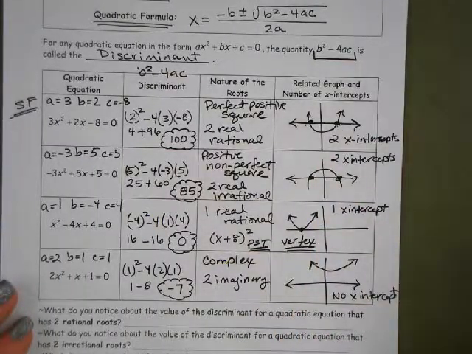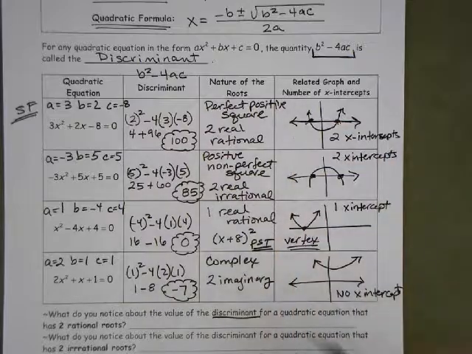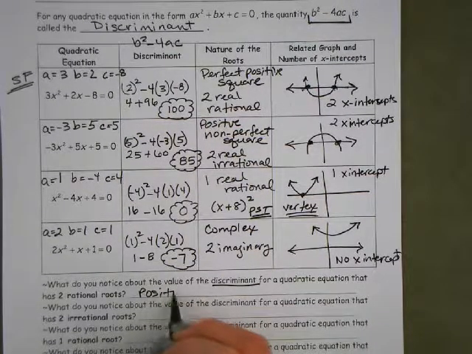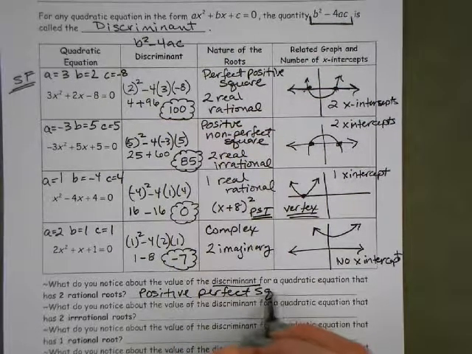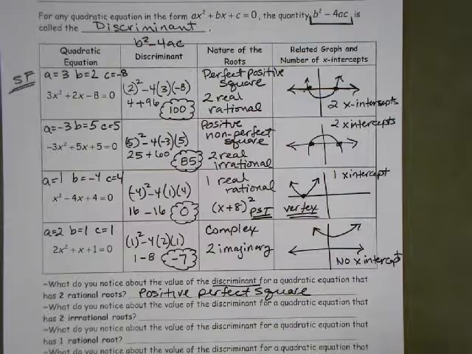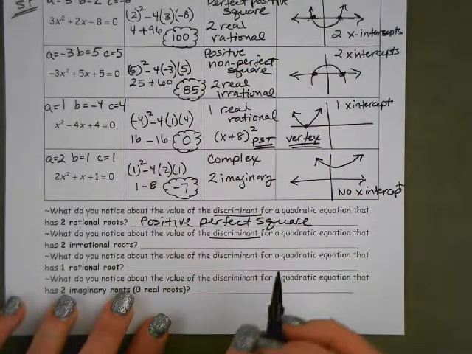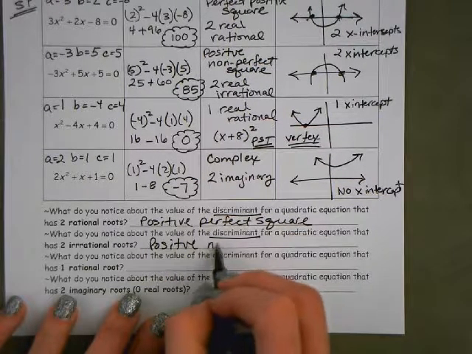All right? Right here, the discriminant I just kind of mentioned: if you have two rational roots, it's a positive perfect square. Okay? If the discriminant has two irrational roots, then it's a positive non-perfect square.